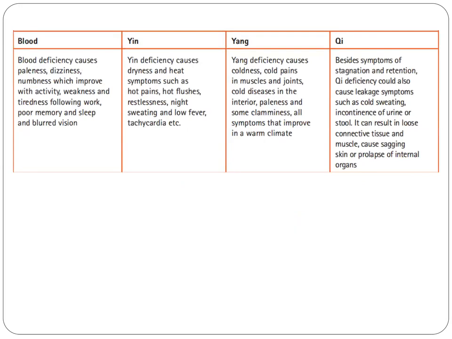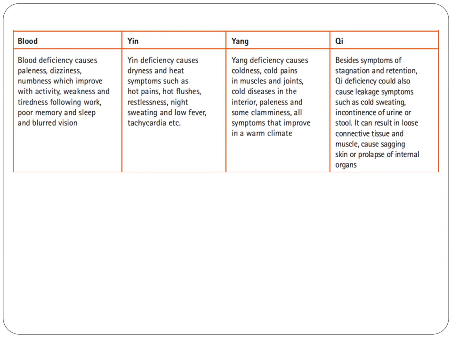Some blood, if there is a deficiency, can cause paleness, dizziness, numbness, which improve with activity, weakness and tiredness following work, poor memory and sleep, and blurred vision.